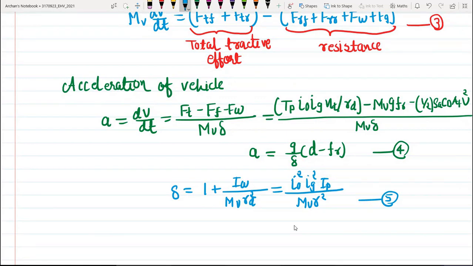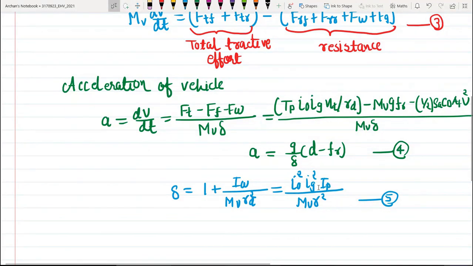Okay. So here, delta is equal to 1 plus IW upon MV RD square, where this IW is the total angular moment of the wheels, right? And IP is the total angular moment of the rotating components which are associated with the power plant. Okay.